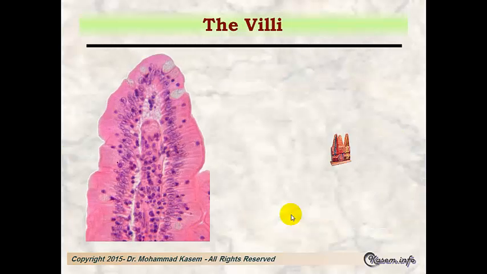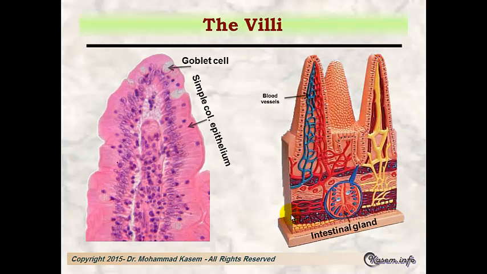The villi, as we see in this nice diagram, we see the model of the villi on the right side, showing a plexus of capillaries in the center of the villus, also blood vessels and lymphatic vessels, which help in the absorption of lipids in the small intestine.